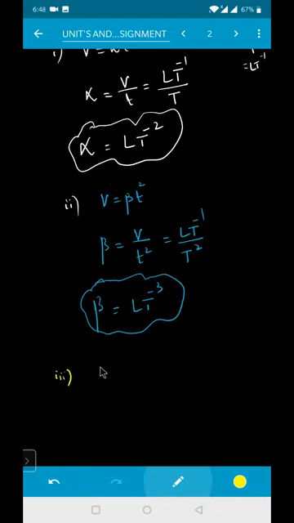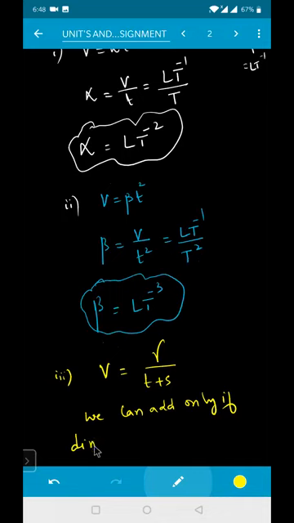Third one. Velocity must be equal to gamma by t plus s. We can add only if the dimensions of both are the same.